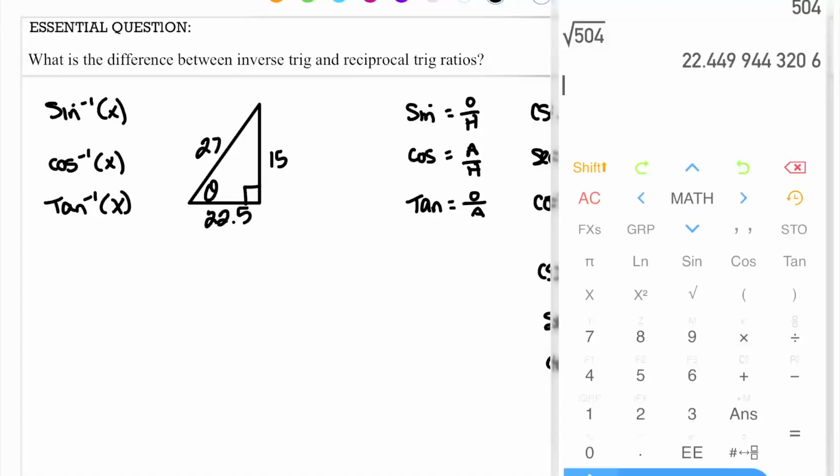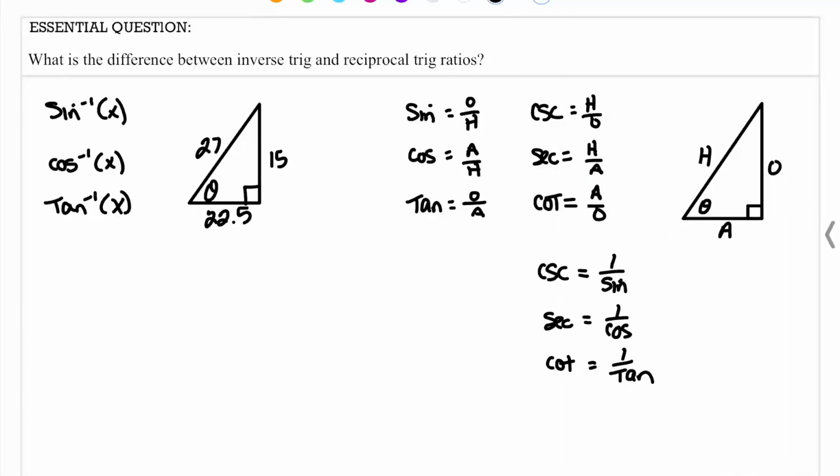And now we could then figure out the angle with sine with opposite over hypotenuse. We could do cosine with adjacent over hypotenuse. We could do tangent with opposite over adjacent. Let's use opposite and hypotenuse. So we would set this up as the sine of theta equals 15 over 27.